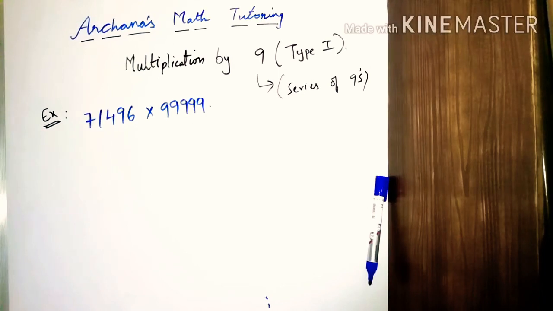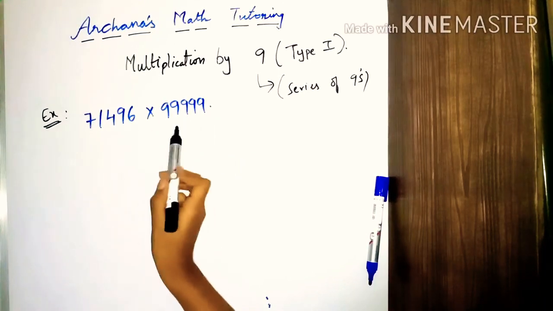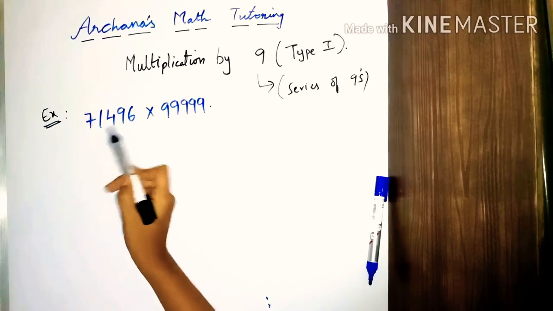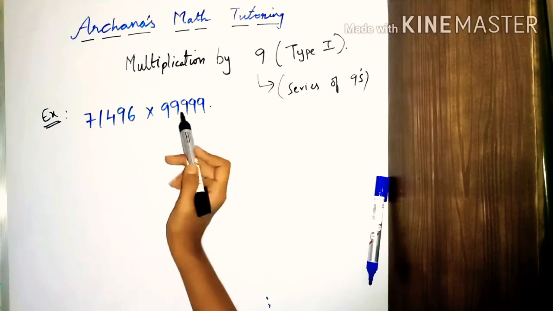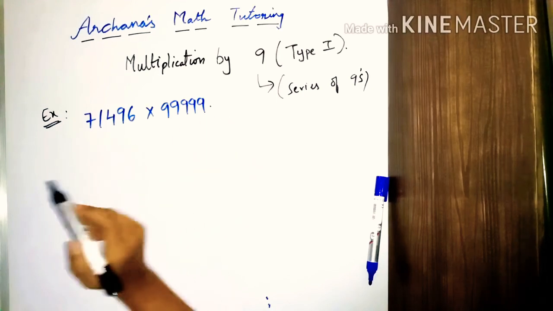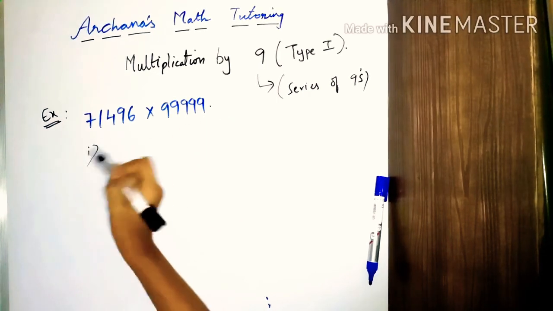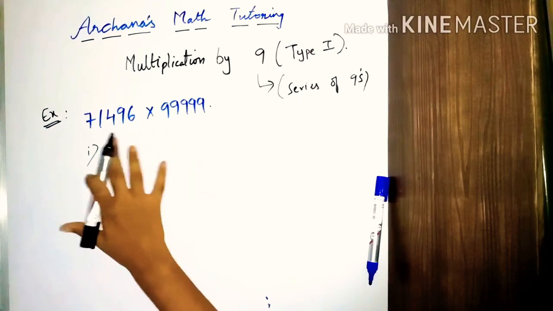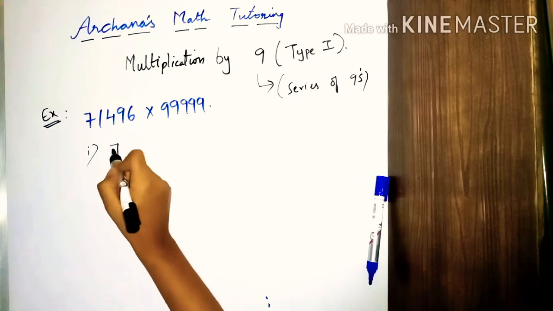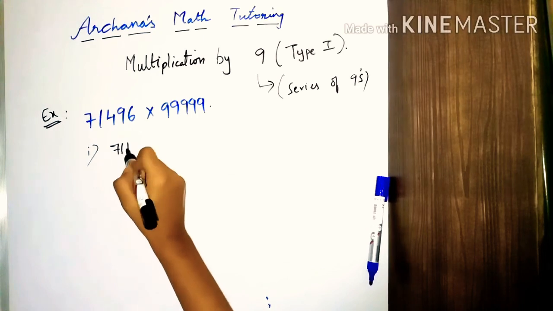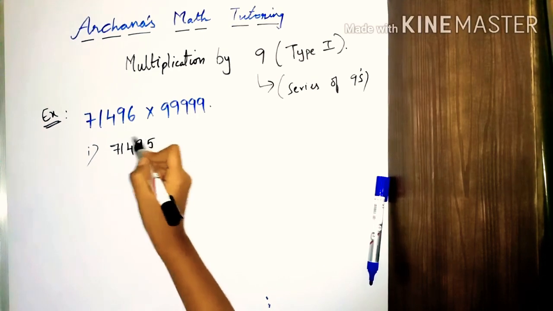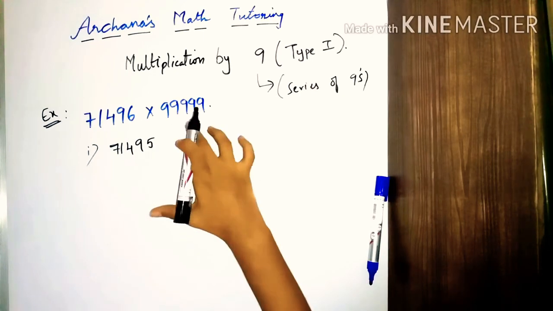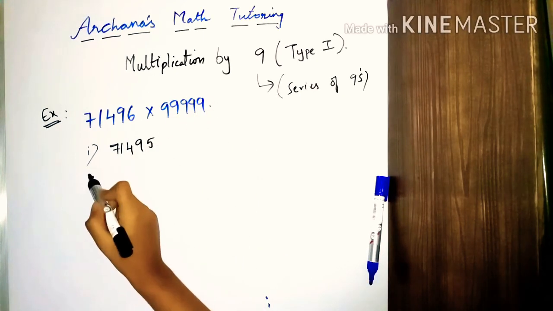So the next problem, here we have 5 digits in both of our numbers. So this is considered type 1. The number is 71496 into 99999. My first step would be subtracting 1 from the number which is other than the 9 series. So the answer is 71495. Now I will just subtract 71496 from 99999.